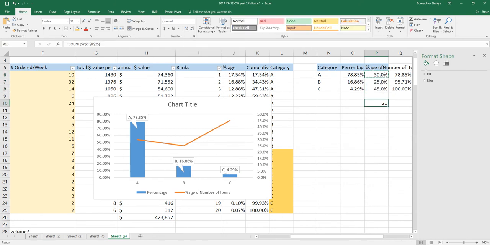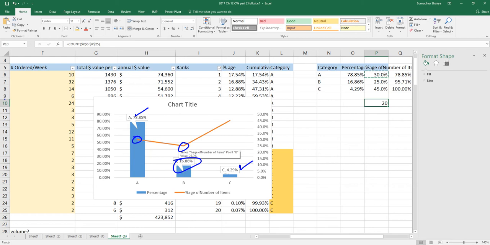So now you can say that 30% of the items account for 78% of the dollar value, then 25% of the items account for the next 16% of the dollar value, and the 45% of the items account for only 4.29% of the annual dollar value.